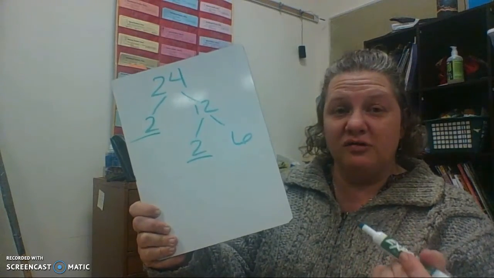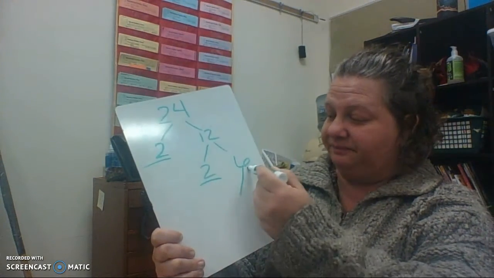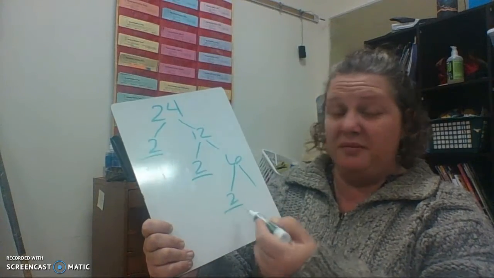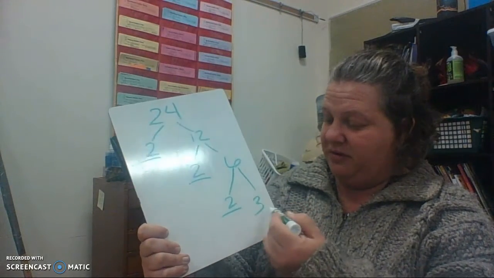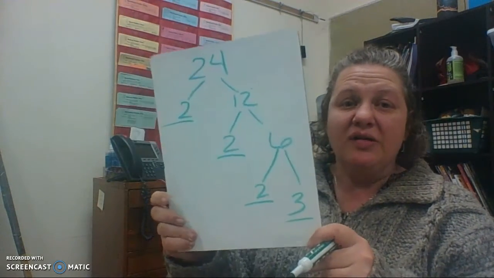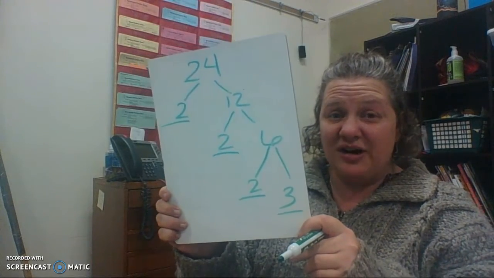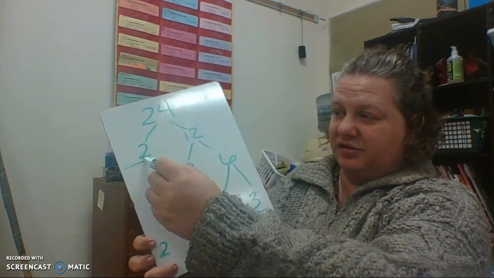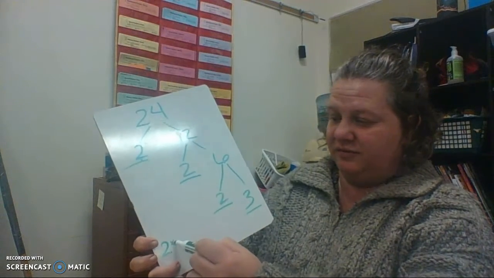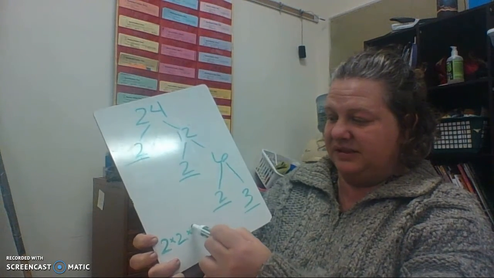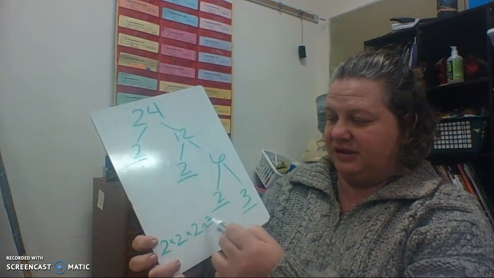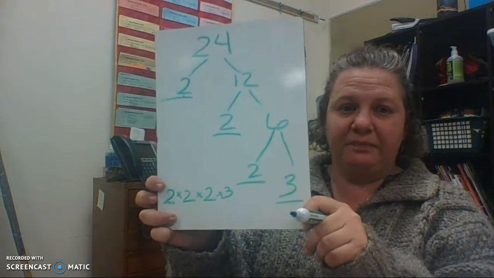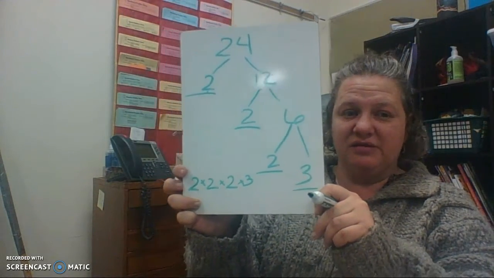Oh, well, 2 times 3 equals 6. And is 2 prime? Yes, it is. And is 3 prime? Yes, it is. So the prime factorization of 24 is, now I take these numbers, 2 times 2 times 2 times 3. Okay, 2 times 2 times 2 times 3.